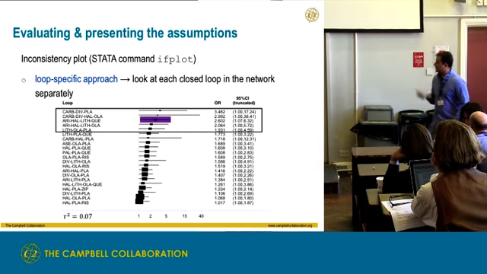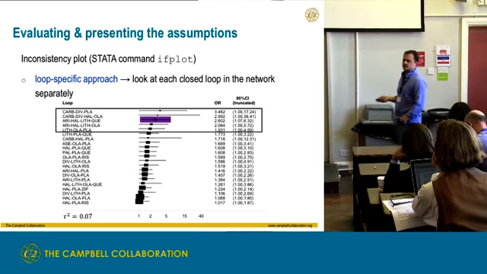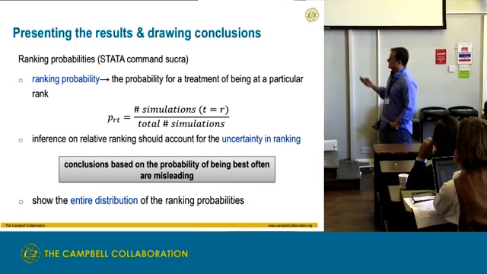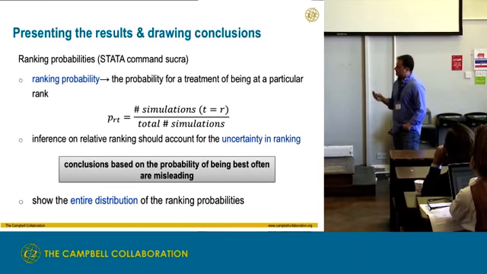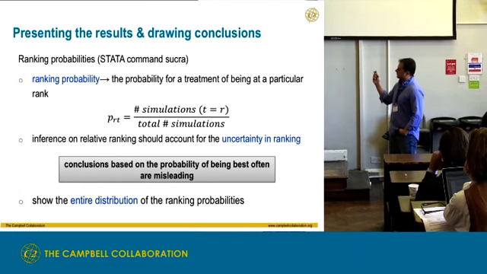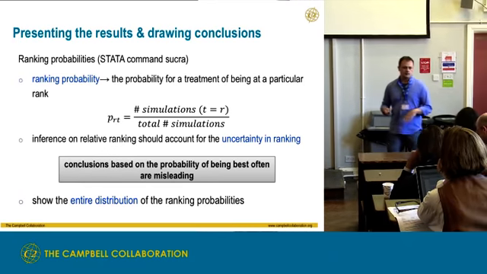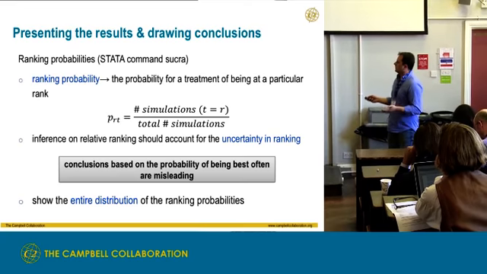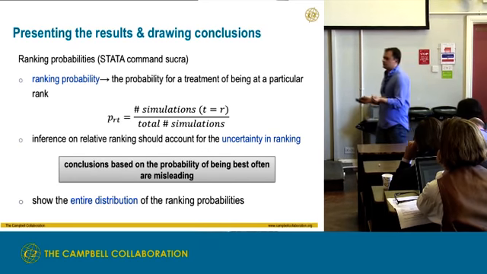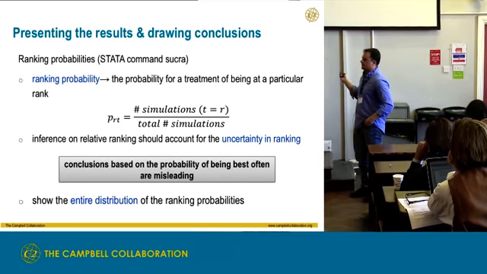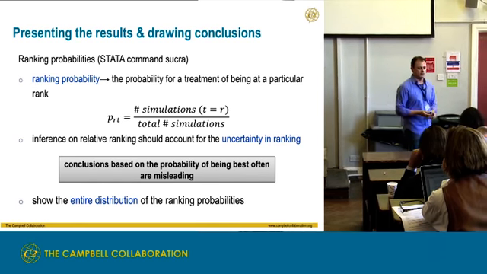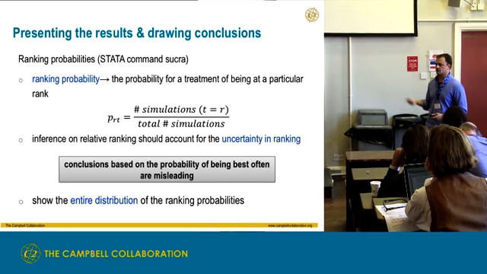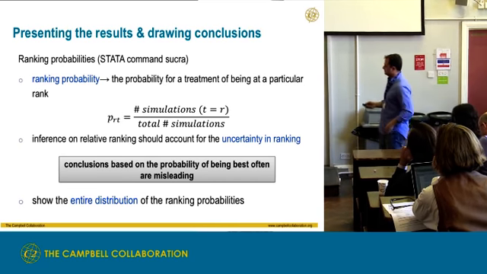So also, network meta-analysis, as I told you, allows us to rank the treatments. I will not give much detail on how ranking is computed, but we estimate for each treatment the probability of assuming each possible rank. So if I have 3 treatments, I will go to the first one, and I will compute the probability that this is the best, the second best, and the third best.